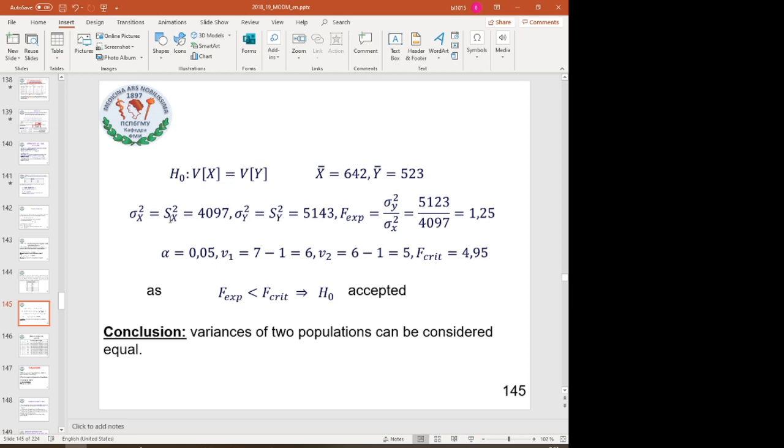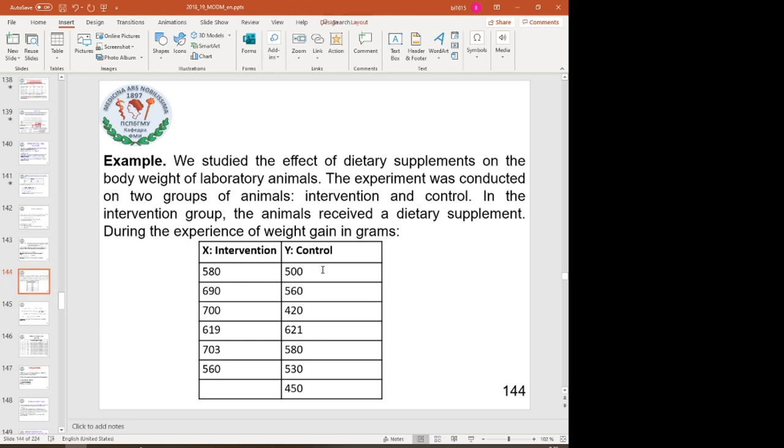So we should move from X and Y to 1 and 2. I missed these things, sorry. The first group will be the group with the bigger variance. The bigger variance is here for Y, and Y will be the first group, the control group, with 7 numbers and degrees of freedom of 6.